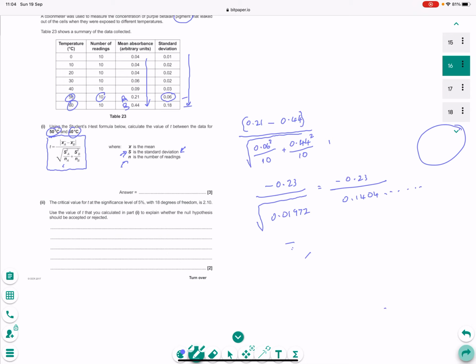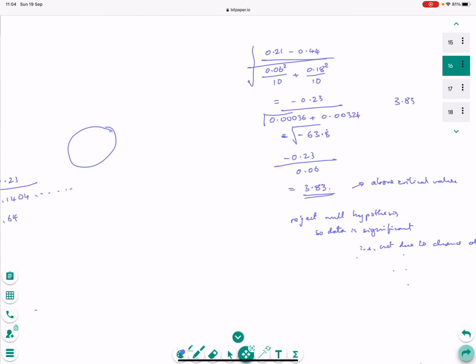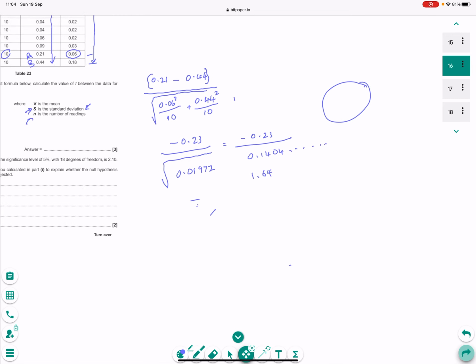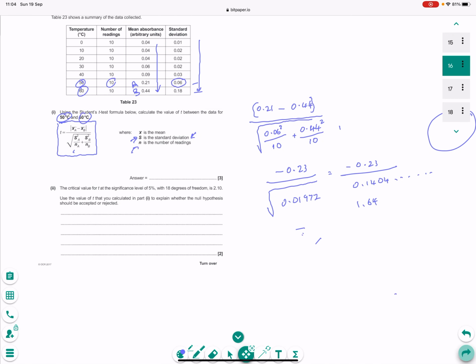So 0.23 divided by answer. It's possible I made a mistake. Okay, so I need to revise my stats.